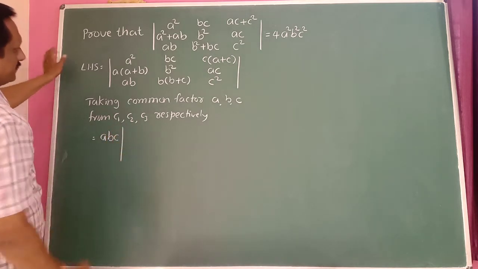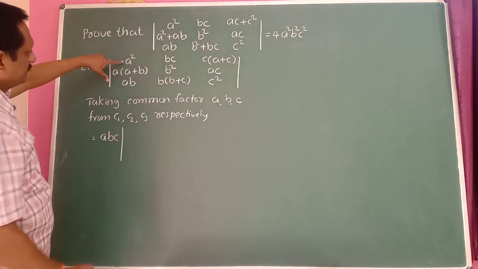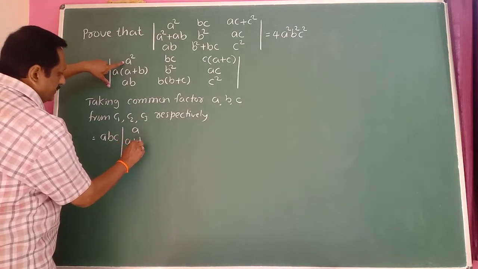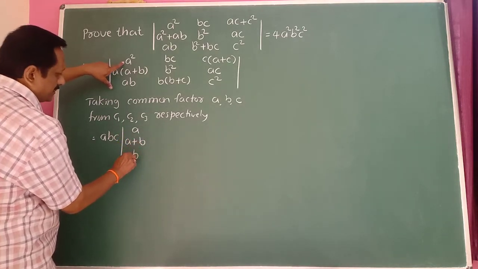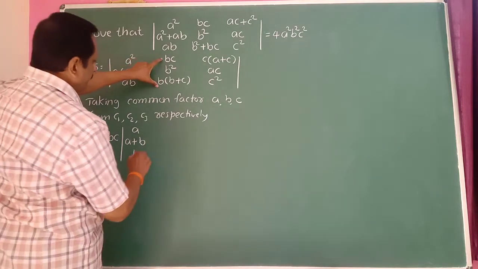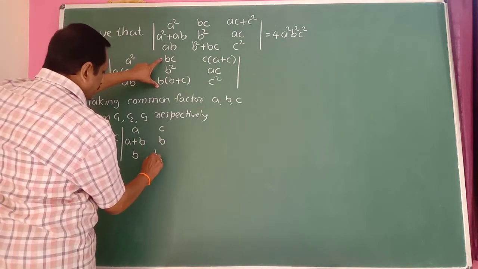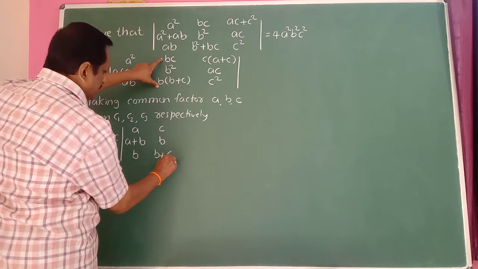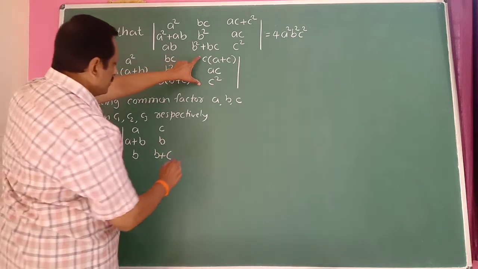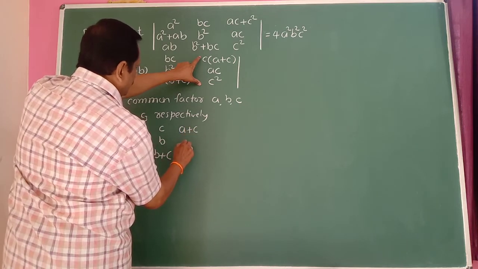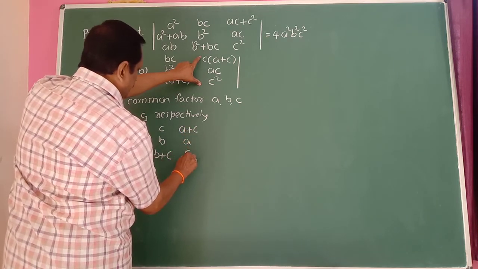From the first column a is common, so the remaining terms are a, then a plus b, then b. Here b is the common factor, so the remaining terms are c, b and b plus c. Here c is the common factor, and the remaining terms are a plus c, then a and c.